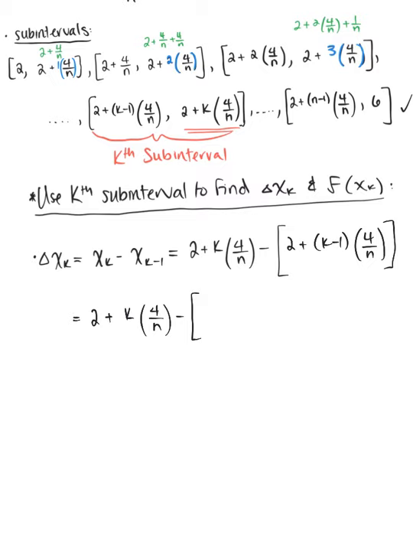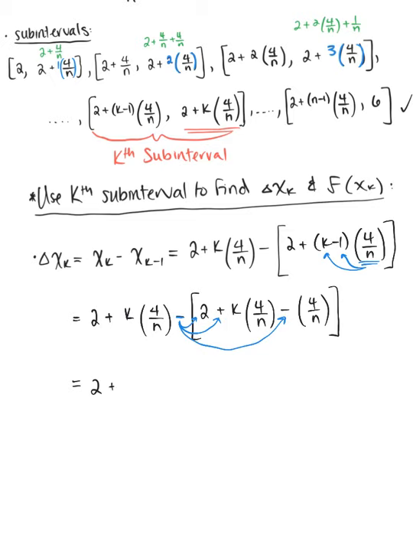And what I'm going to do here is distribute this 4 over n through to the k minus 1. So it's going to be 2 plus k times 4 over n, and then minus 1 times 4 over n. Now we can go back and distribute this negative through to each term.